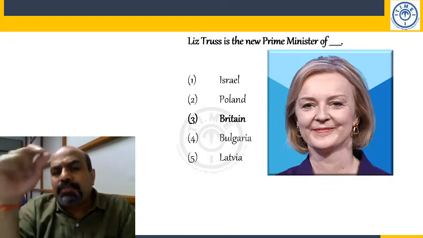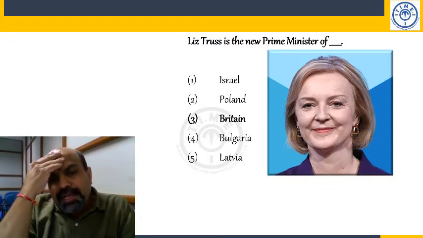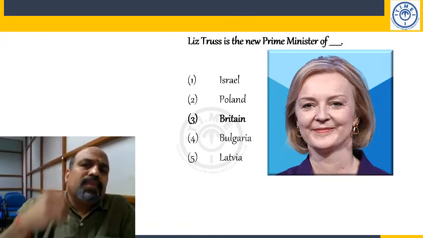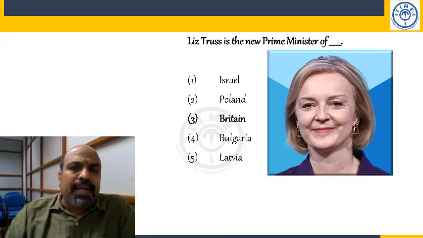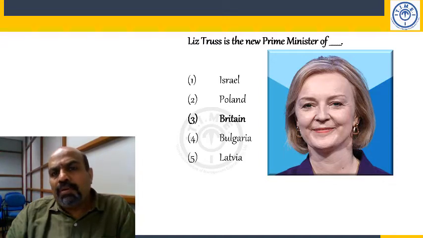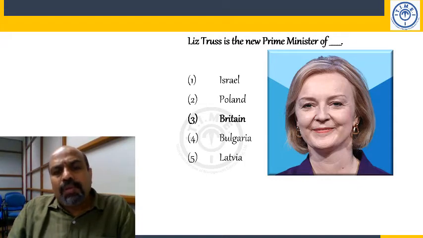What about the prime ministers of these countries here? Israel, Yair Lapid. Next, Poland.